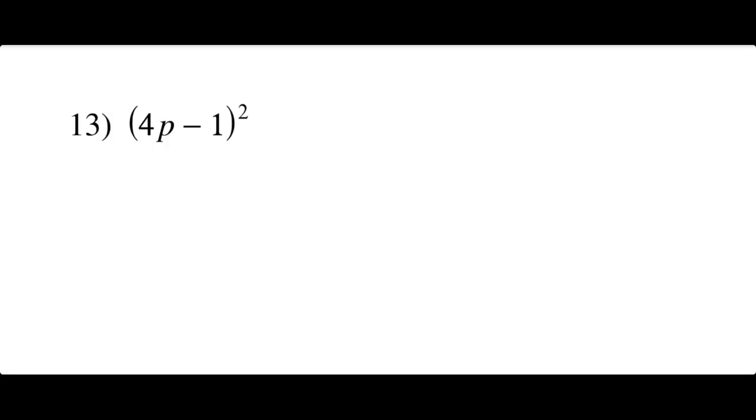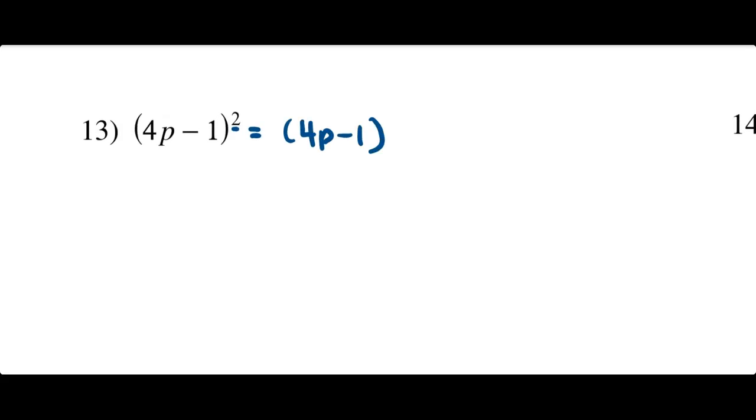Remember that you can't just distribute that square in. You want to think about this as a squared term. So that means you're doing 4p minus 1 times 4p minus 1. And then you're going to proceed like we have in the last problem, double distributing or using the box method.